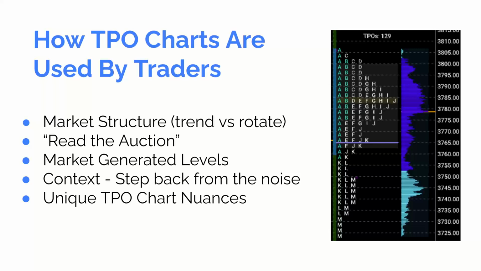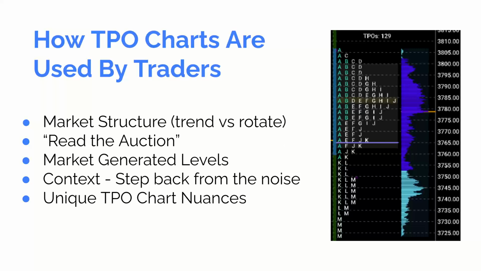Market generated levels. That simply means, as this auction is happening, you will have levels on the profile that get built throughout the day. They're generated as the day wears on, and you can use them as levels to lean on or trade against, as well as looking back at prior days.